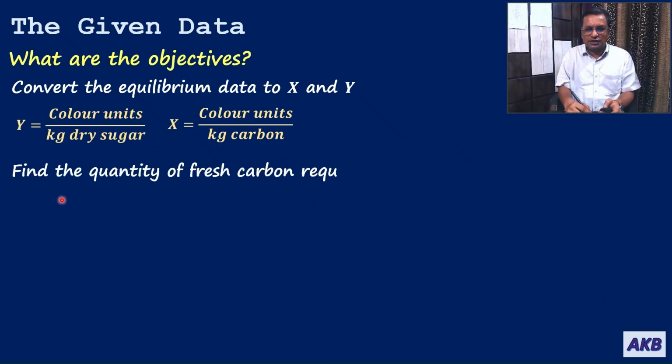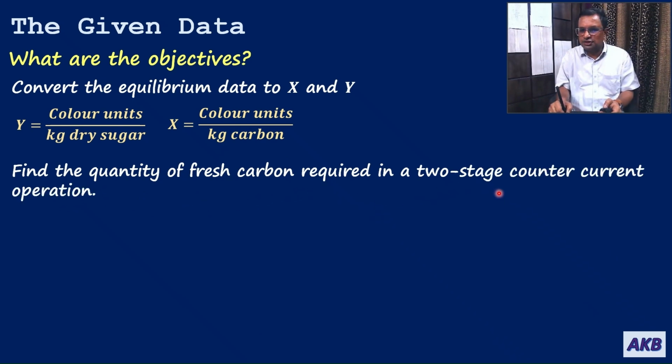The second objective is to find the quantity of fresh carbon required in a two-stage countercurrent operation if you are going to treat 1000 kg of the solution. First we convert the given equilibrium data to Y and X, and then find the quantity of fresh carbon required.